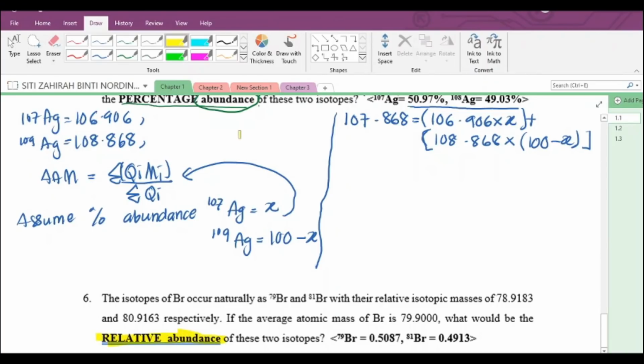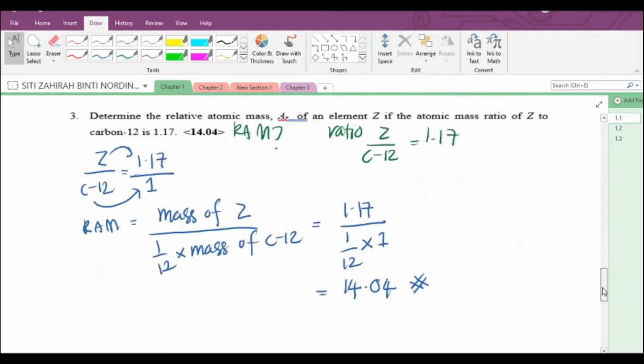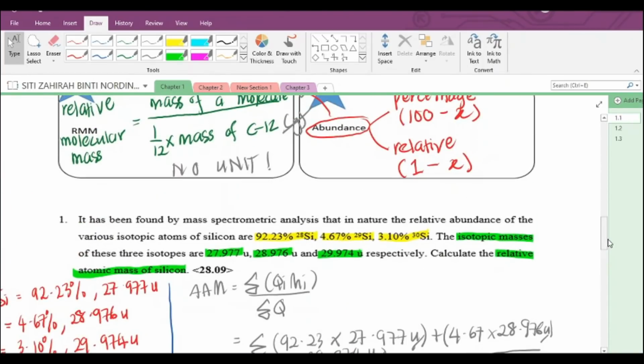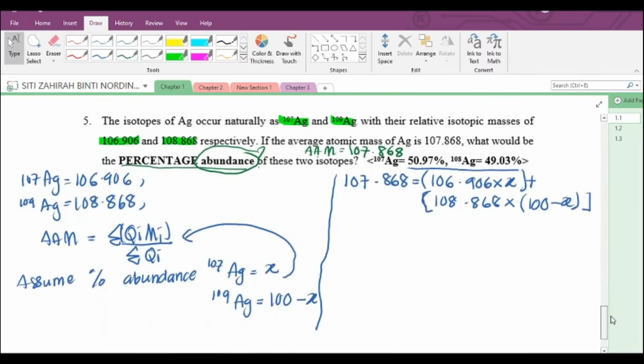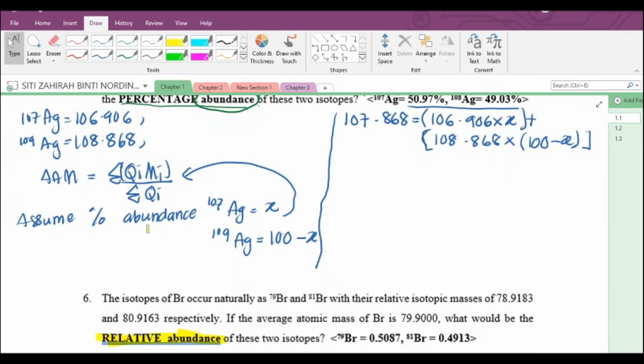So what you need to change is, remember in the formula, for relative, your second isotope abundance must be 1 minus X. I'm just going to write it here because I don't have any space below.